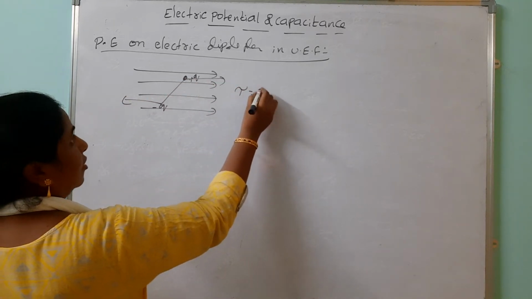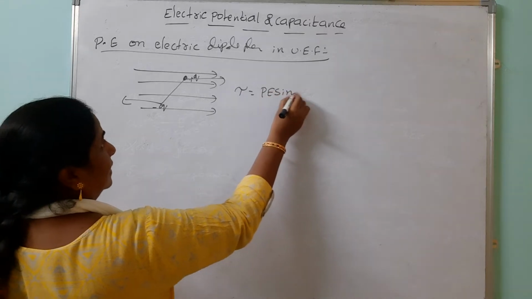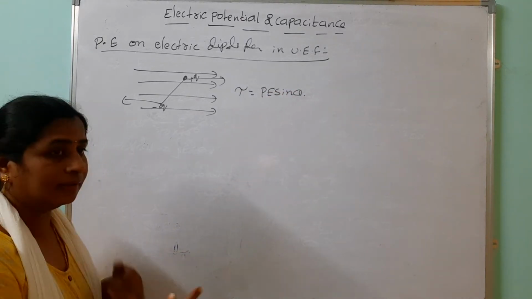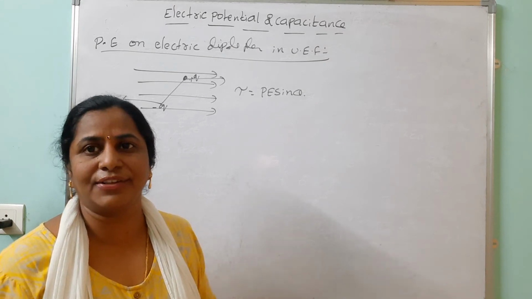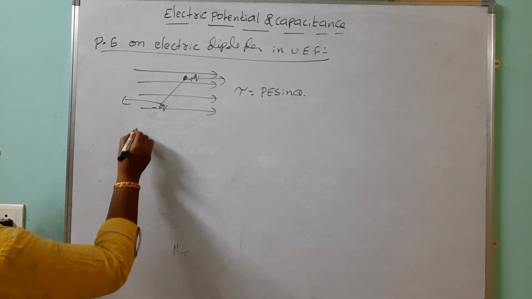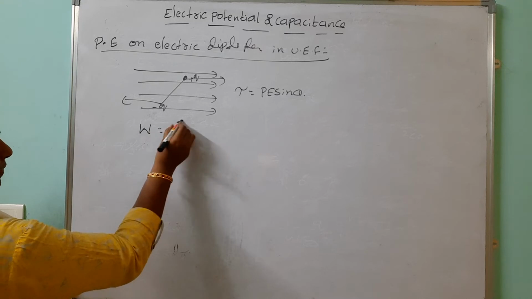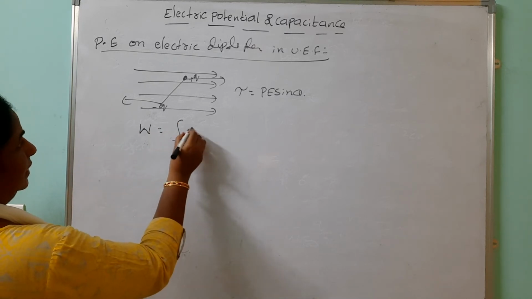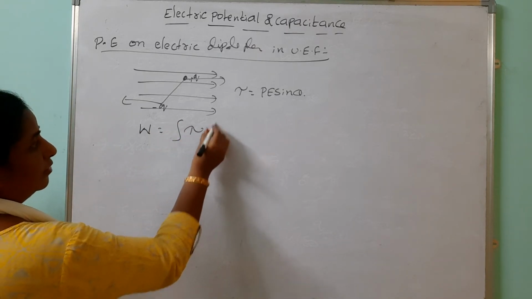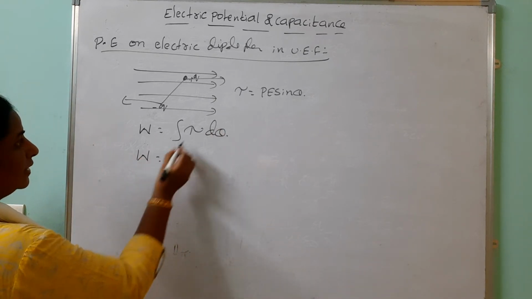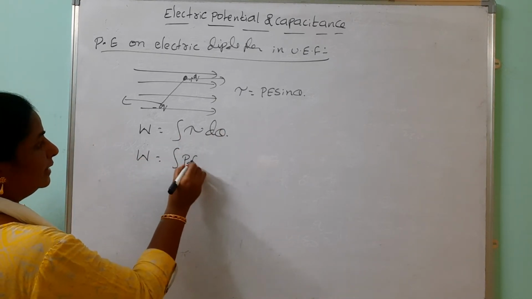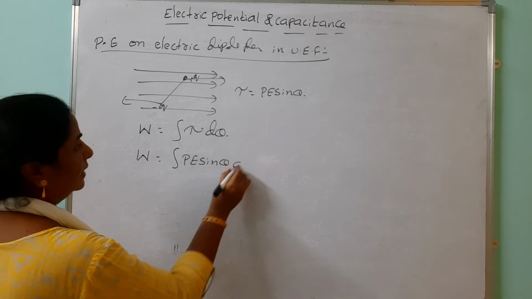Tau equals how much? pE sin theta. The torque is nothing but the turning effect of the force. Then how to find out the work done here? Look, work done equals integration of turning effect of force into angular displacement. So instead of tau, pE sin theta d theta.